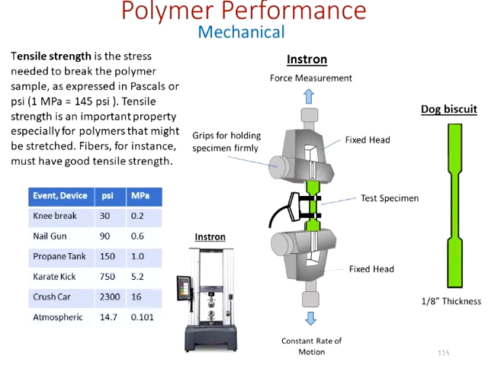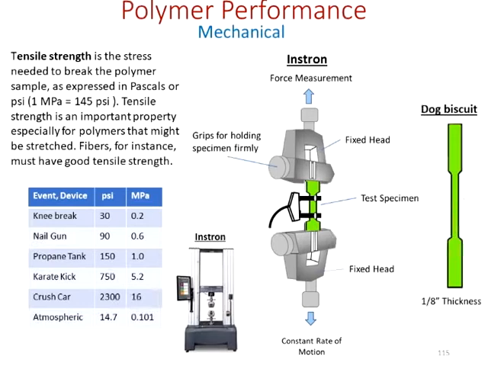So we measure that tensile strength in an instrument. It's called an Instron. It is used to apply force, and we just show you a diagram here. And classically, you have your Instron and you have your dog biscuit.